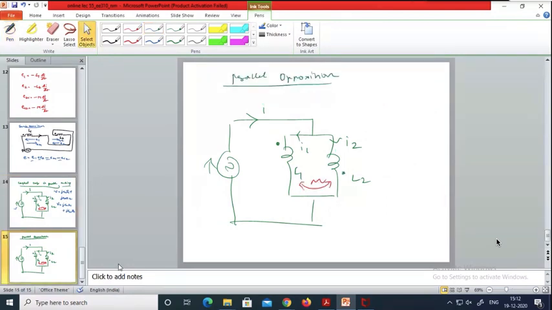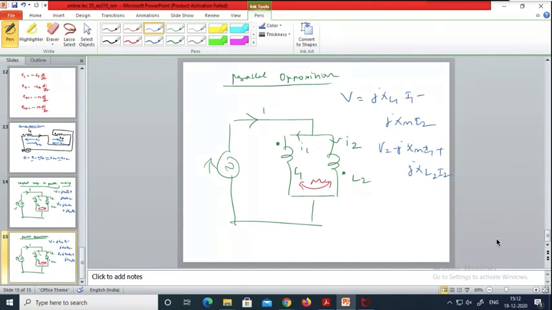The second case equations, follow me. V is equal to j XL1 I1 minus j XM I2, and V is equal to minus j XM I1 plus j XL2 I2. That's all. Clear?